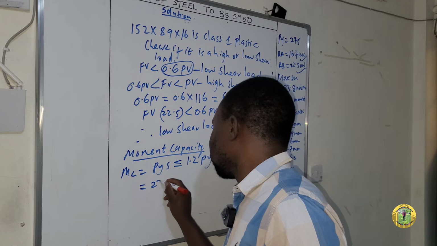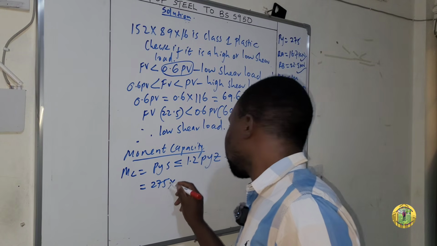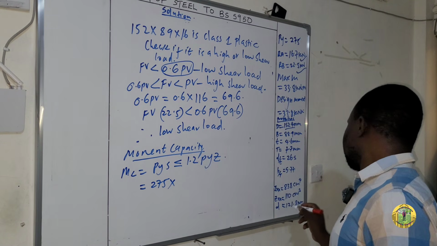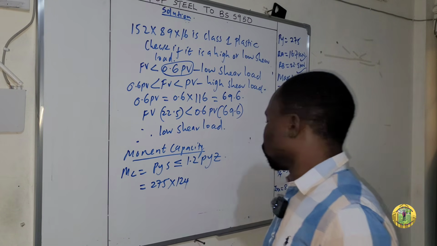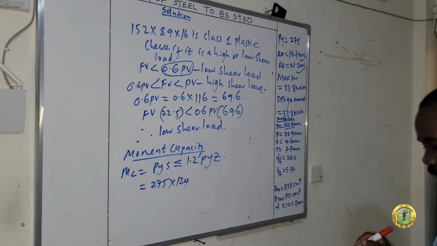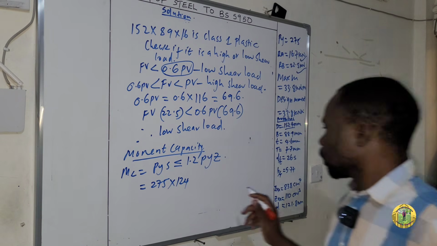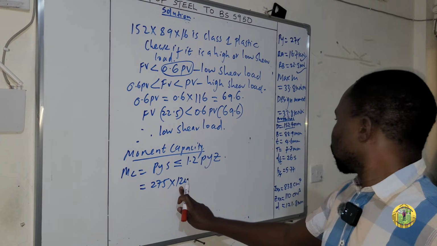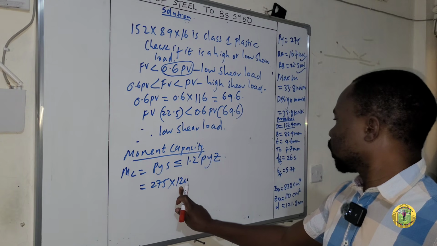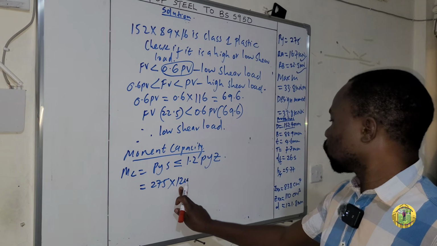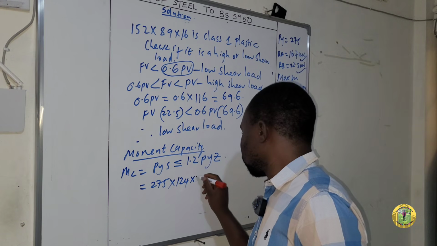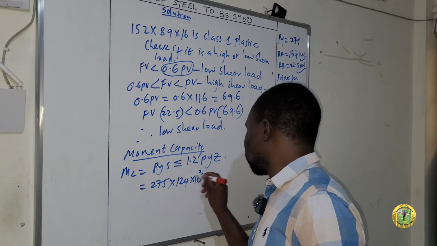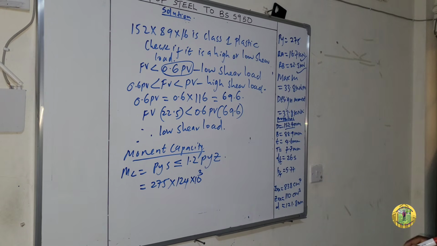Py is 275 times S. S is 124, from the table. 124 is in centimeter cubed, so we want to change it into millimeter cubed, so times 10 raised to power 3, like that.